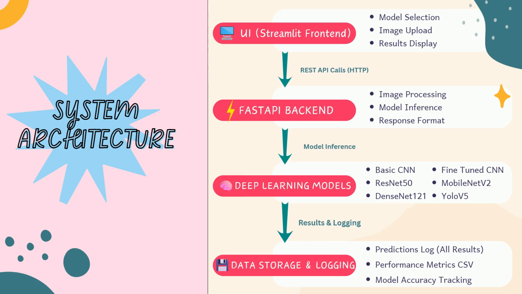First, validates and pre-processes the uploaded image. Second, runs inference through one of our 6 preloaded models. Third, returns the result with a confidence score, and for YOLO V5, bounding box coordinates.